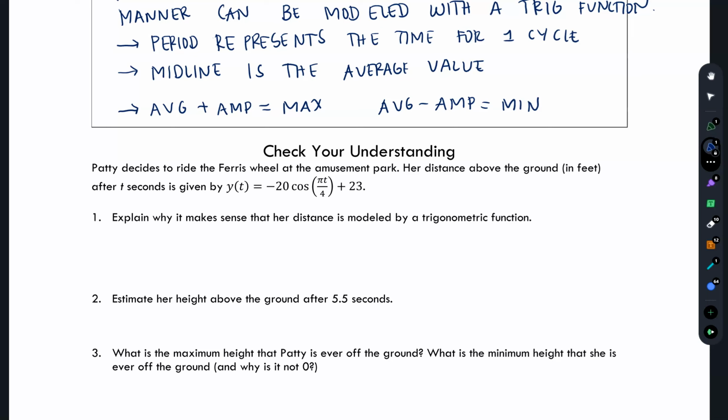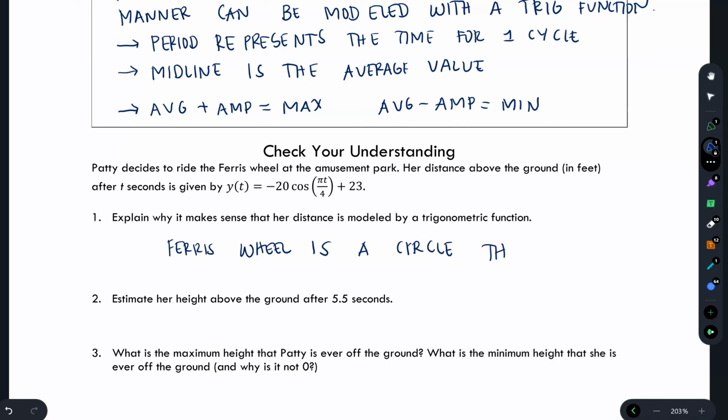So, I'll kind of give this one away. A Ferris wheel is a circle, and I go around and around. The motion here is periodic.